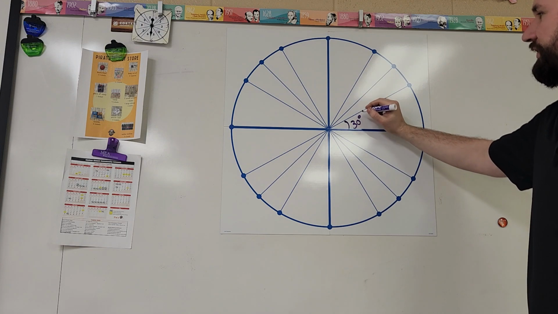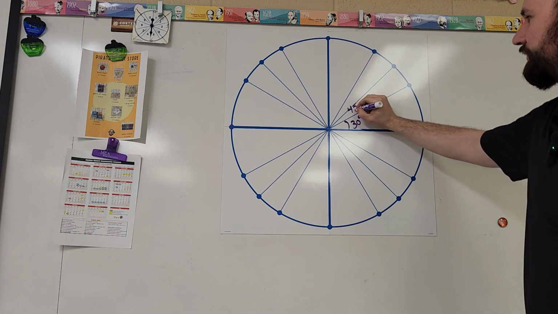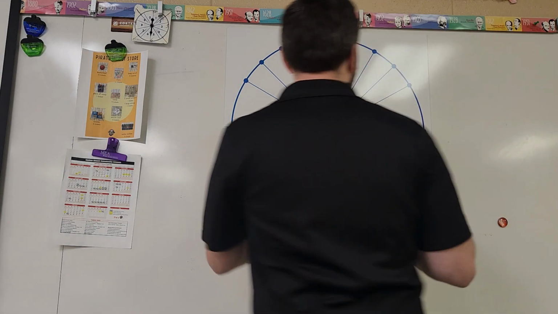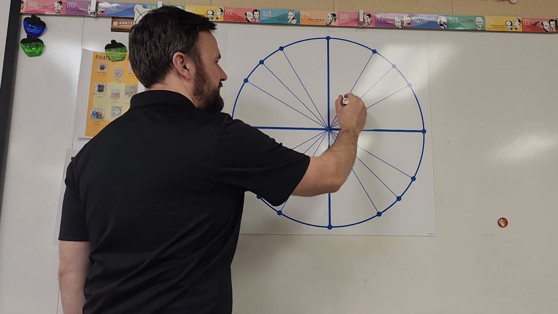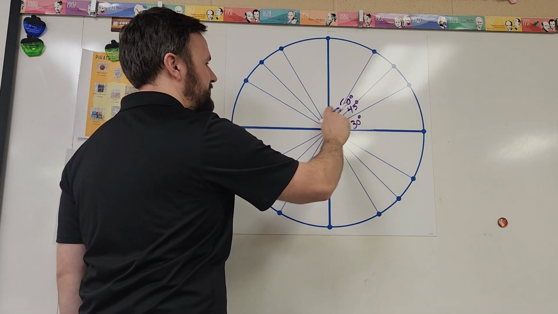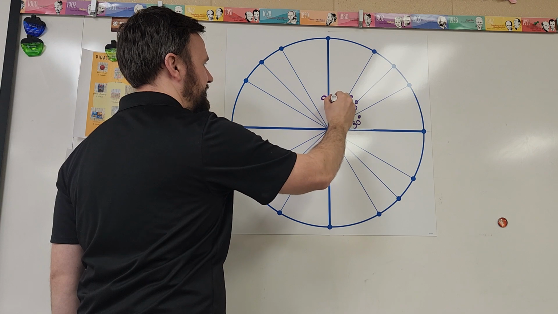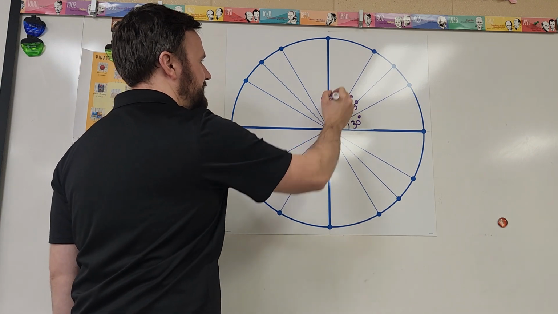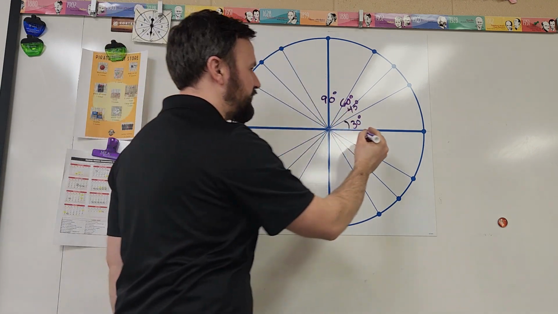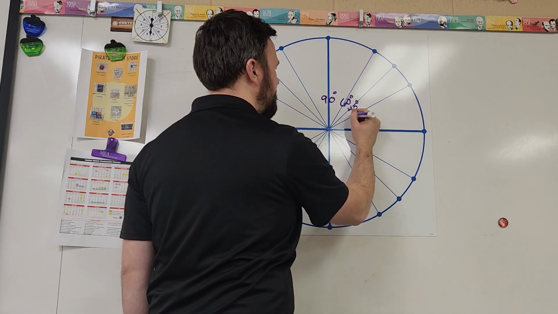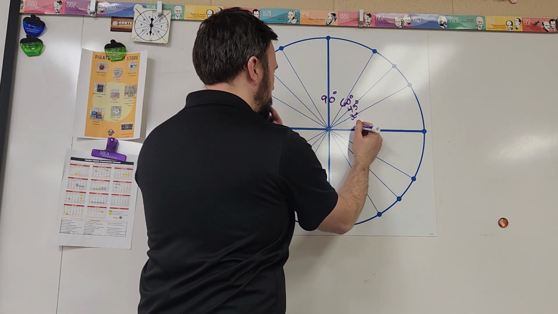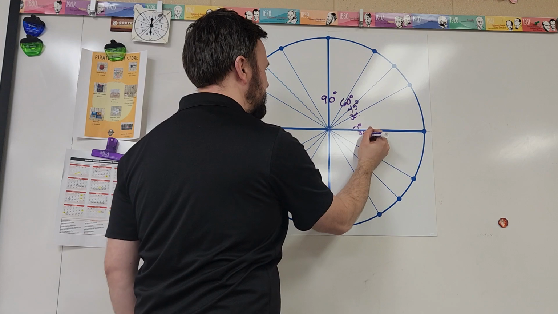What's 30 plus 15? 45 degrees. What's 45 plus 15? 60. What's 60 plus 30? 90. Right? I'm going to put these on the line to help us. This would have been 0 degrees, and this would have been 360, right?